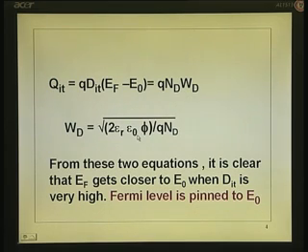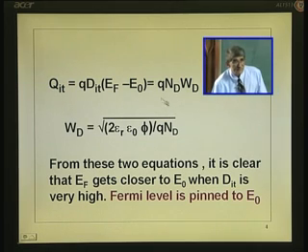I have not written it out deliberately, so you can substitute and work it out. For W_d, what you get is the root of (2 epsilon_r epsilon_0 phi divided by Q N_d). On the right hand side you will have a constant times root of phi, and within the constant you have N_d.